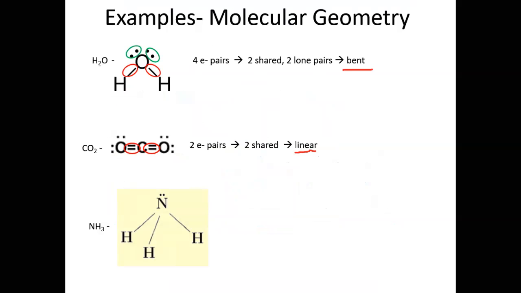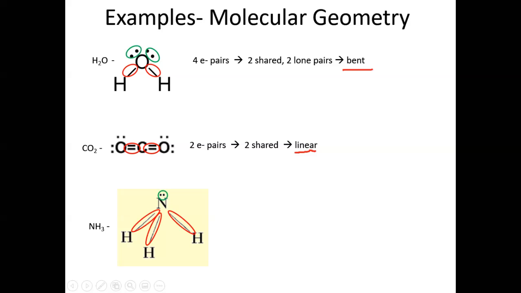For ammonia, NH3, we have 3 bonding pairs and 1 lone pair, so this is trigonal pyramidal. So these are the molecular geometries based on the number of lone pairs and bonding pairs on the central atom.